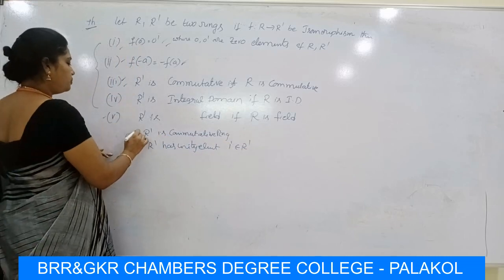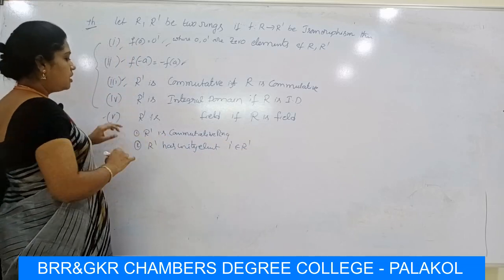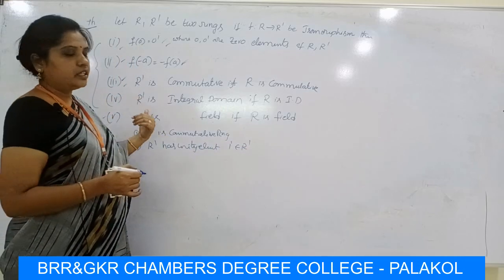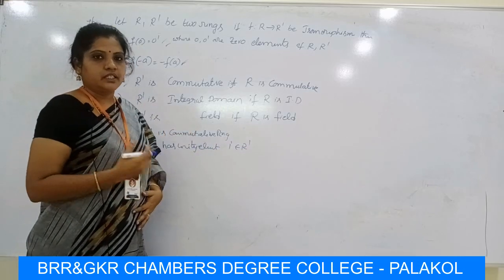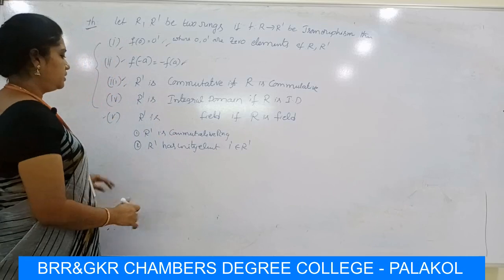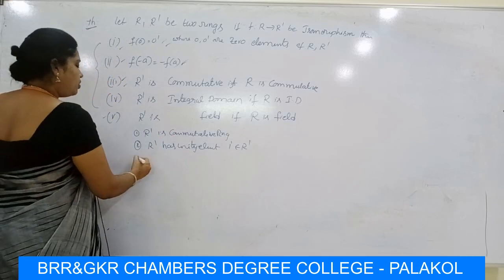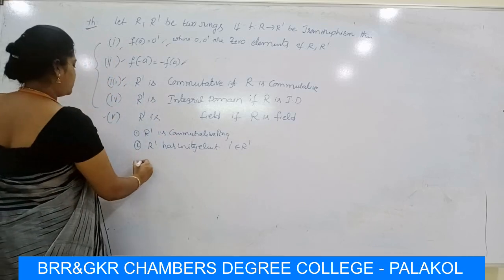So we have to prove just that every non-zero element of R dash is invertible under multiplication, then it will be a field. So take a non-zero element of R dash.